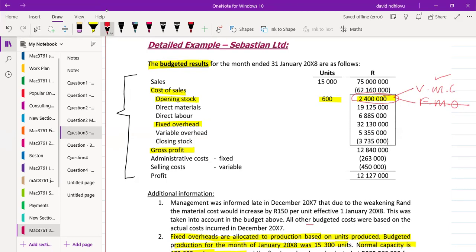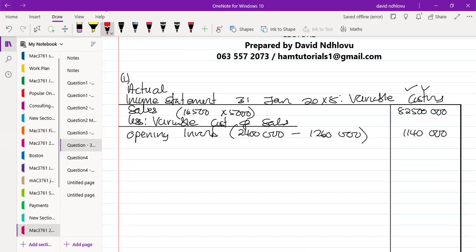Right, once we have that, then the question now is simple. How do we determine the fixed manufacturing overhead cost here so that we can remove it? We have to understand that what we include in opening inventory in terms of the fixed manufacturing cost is what we call the applied or absorbed cost. How do we calculate that? Then we go to the question.